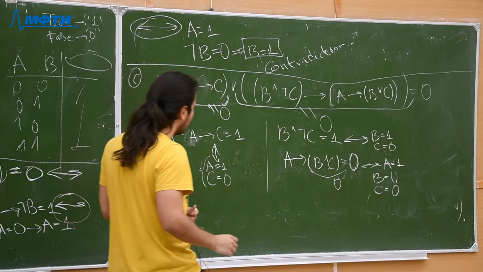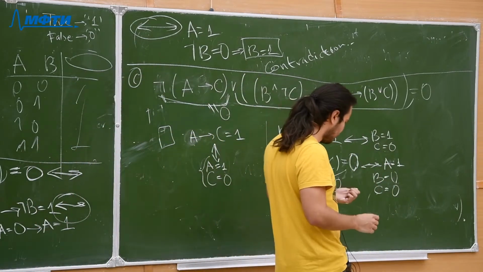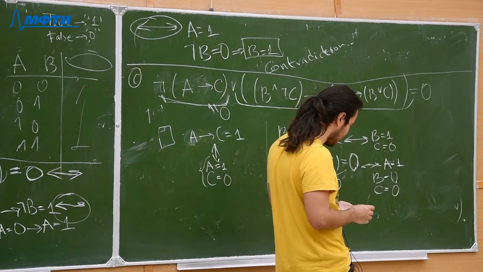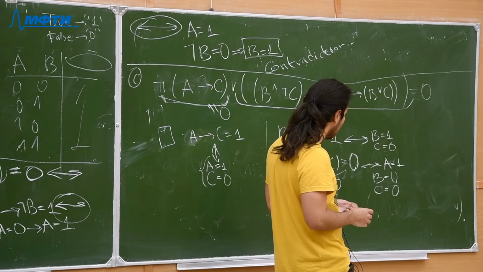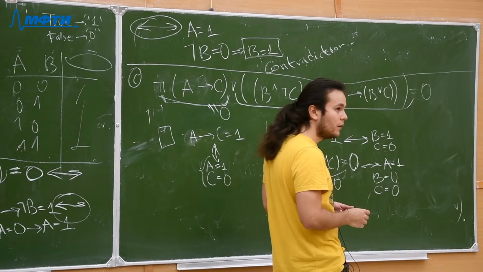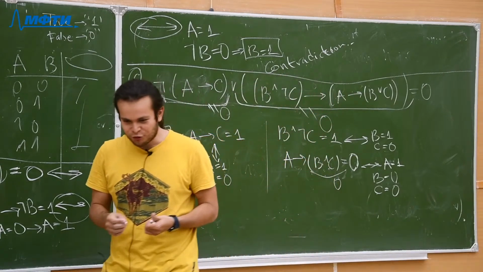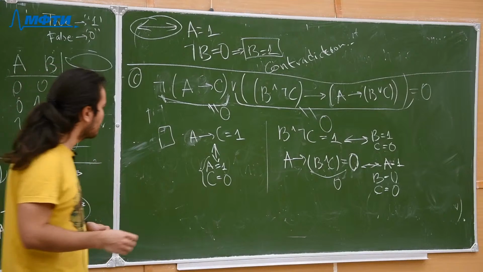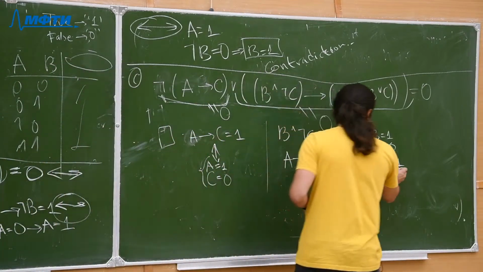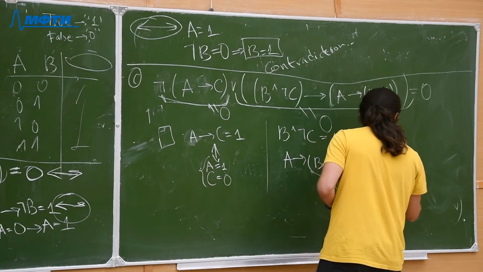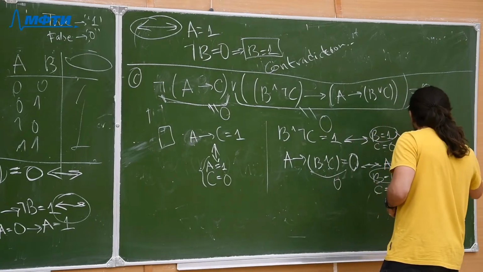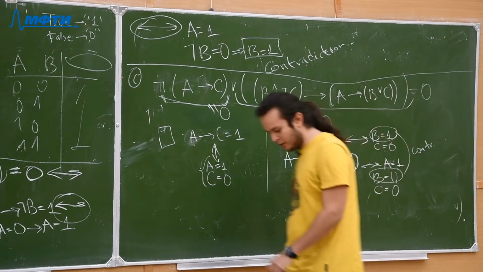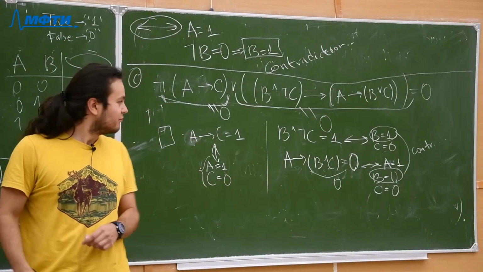So we got again the contradiction in what letter? What statement? Where is the contradiction here? D. And so on.